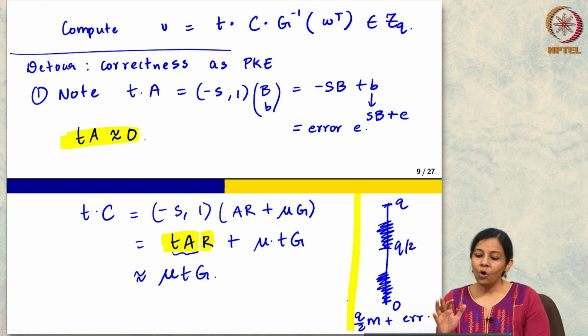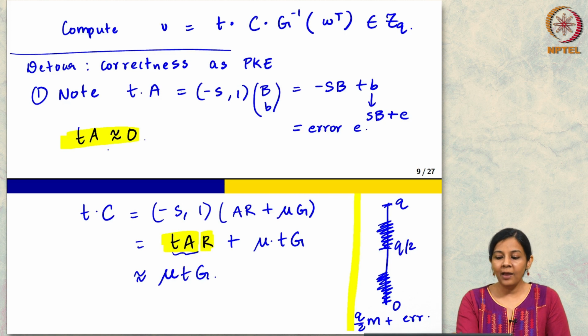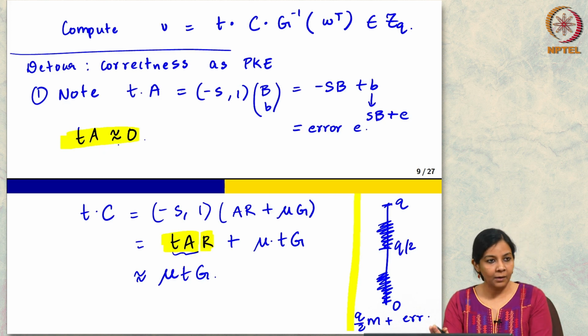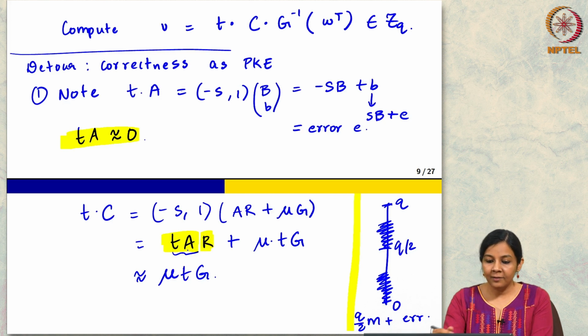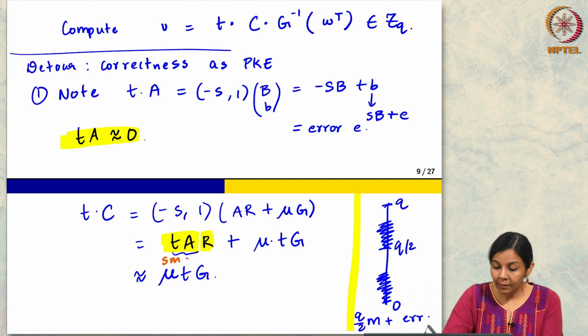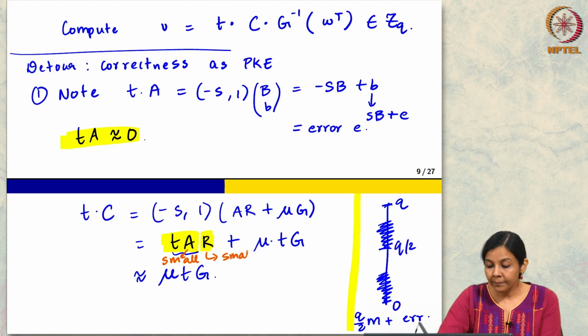Okay. So, all of this was to say that t times A we already said is small, by construction of A and by construction of t. So, t times A is small, we saw this. Now, r is also small, right. So, this whole thing is small.